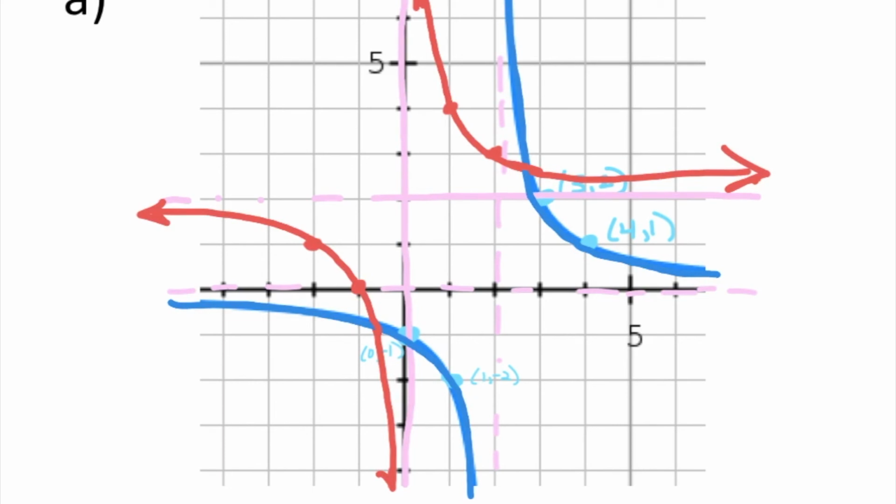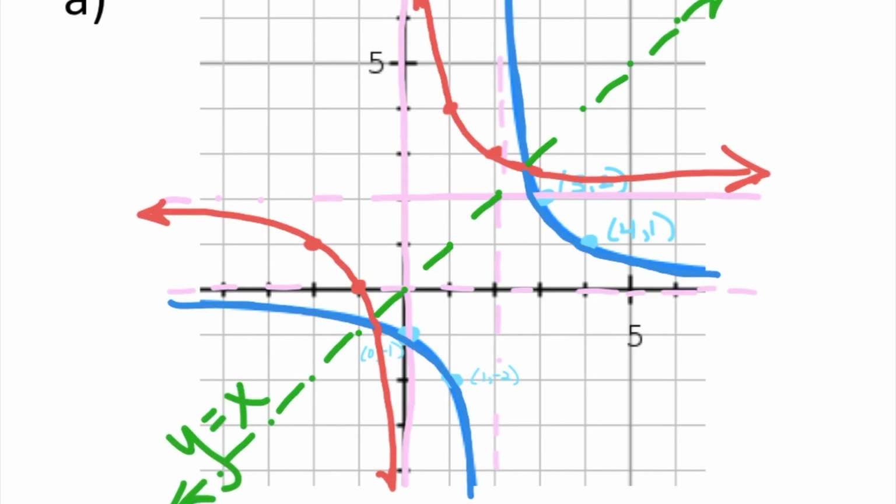But I would also like for you to show me the line y equals x, and the line y equals x just goes through 0, 0, 1, 1, 2, 2, 3, 3, all the points where x is equal to y, and just draw that with a straight edge, please. I can't on my iPad, but there's your y equals x. And then just check to see if the red and the blue graphs are reflections of each other over that line y equals x.